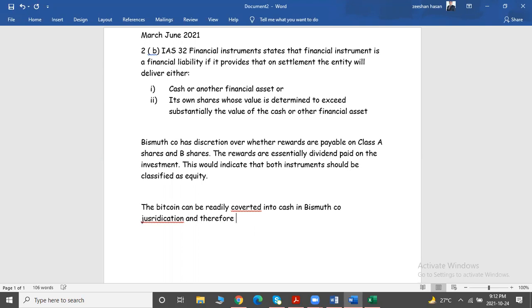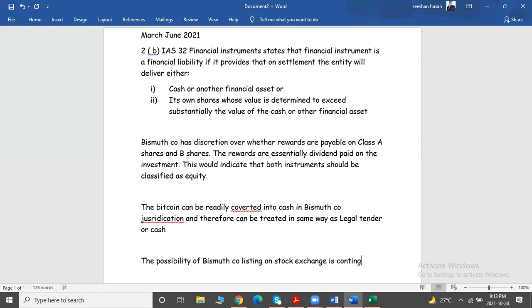Therefore, it can be treated in the same way as legal tender or cash. Further, the possibility of Bismuth Company listing on a stock exchange is a contingent settlement provision.